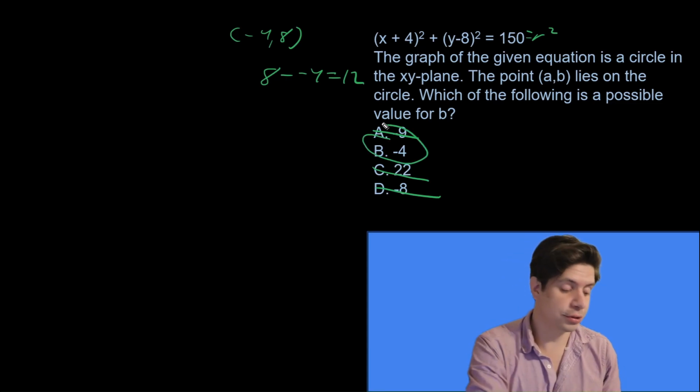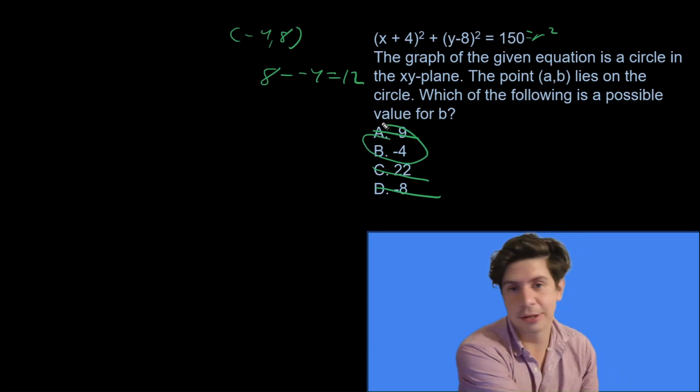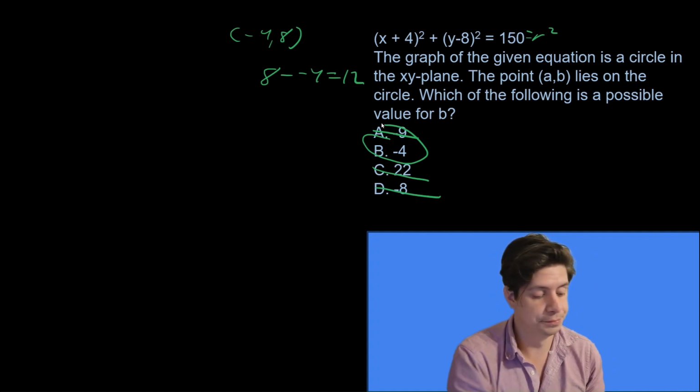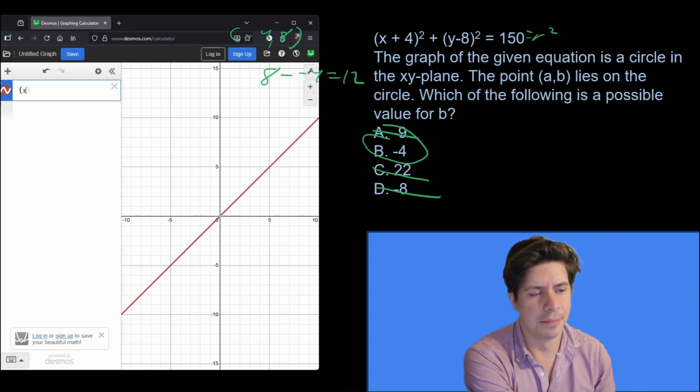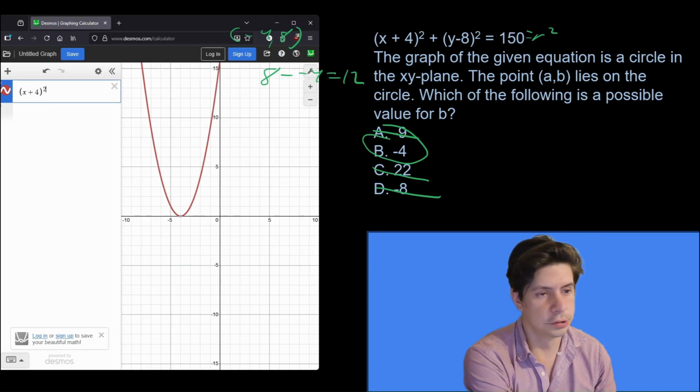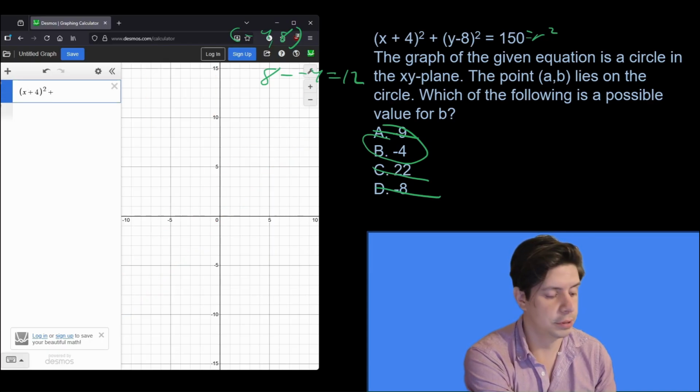You could also do this using Desmos. I'm going to show you how I do that with Desmos right now. So what I do is I plug it in: (x + 4)² + (y − 8)² = 150.